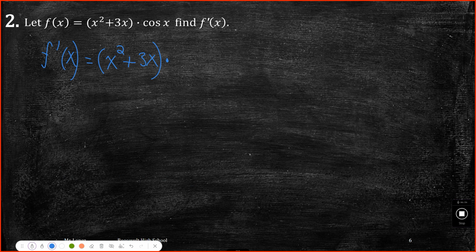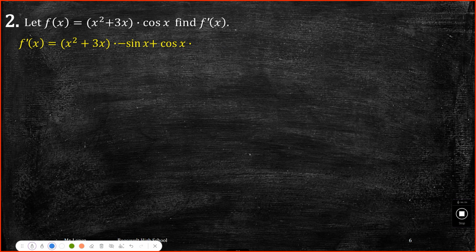So the derivative of cosine x is negative, and then plus the second, cosine x, times the derivative of the first, in parentheses, 2x plus 3. That would be enough if it's a free response. You could do more things here, but that's enough.